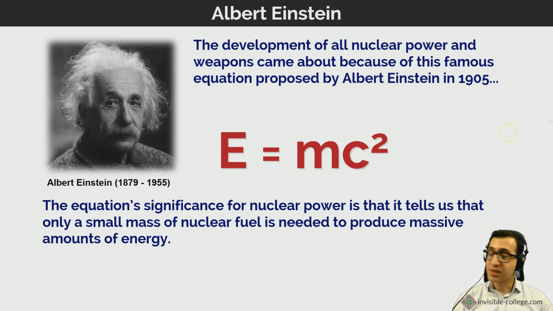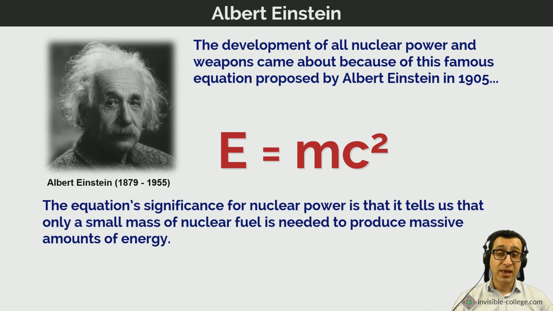Now, the relevance of this to nuclear fission and nuclear fusion for power generation is that when nuclear fission or nuclear fusion takes place, large amounts of energy are released as heat and light because of the conversion of relatively small quantities of mass into energy.